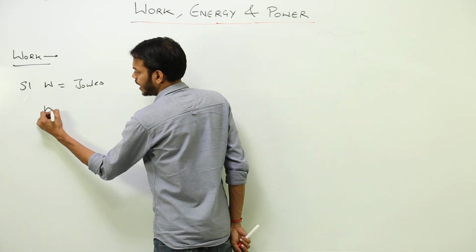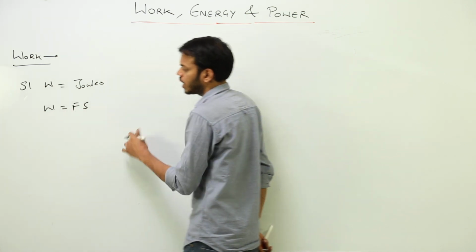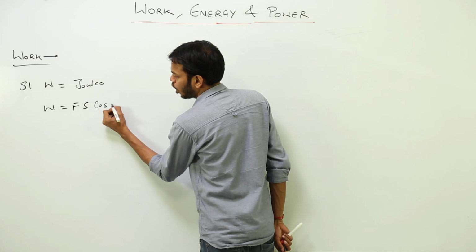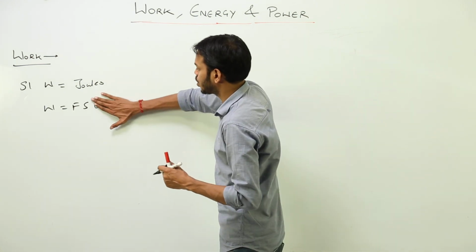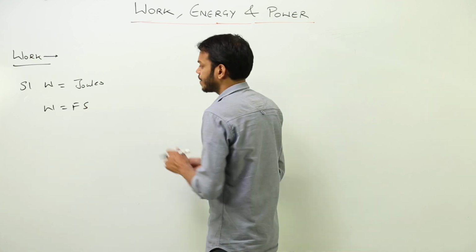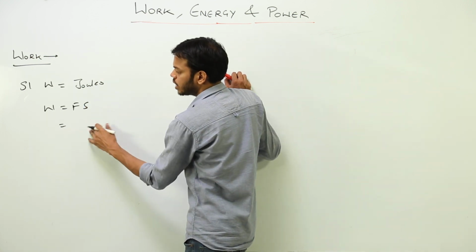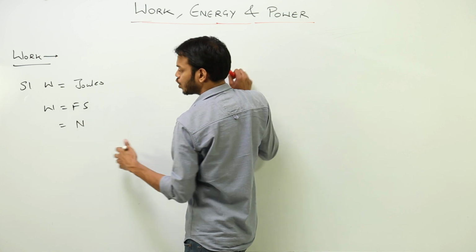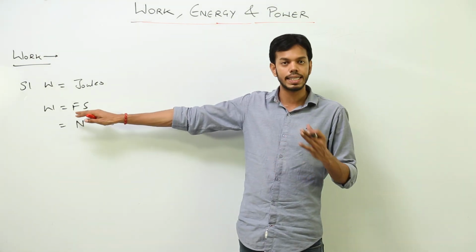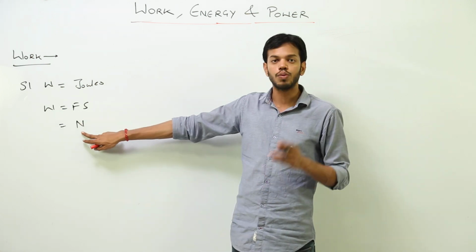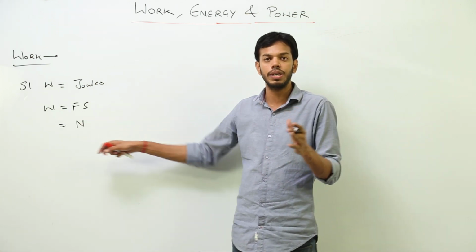What I left unfinished just now was that work is force into distance, right? Generally, even if I write the complete formula with cos theta, the trigonometric ratios are dimensionless, so I still have to go back to F and s. The SI unit of force is newtons, and I was telling you what a newton is. In general, force is product of mass and acceleration. 1 newton is 1 kg into acceleration, which is 1 meter per second square.